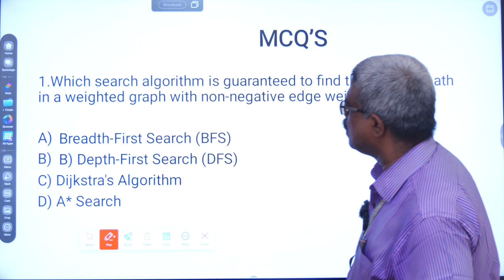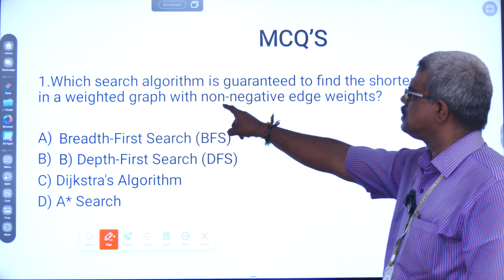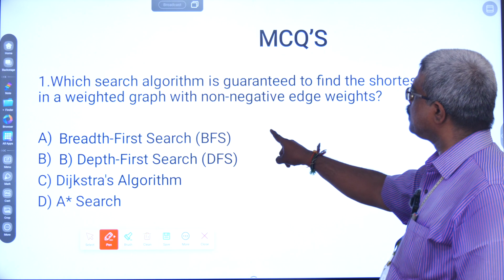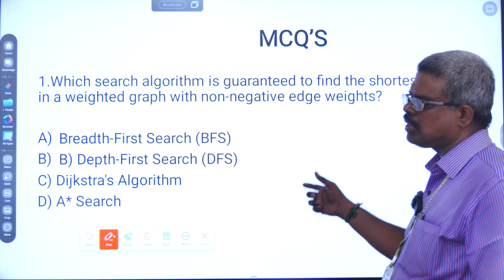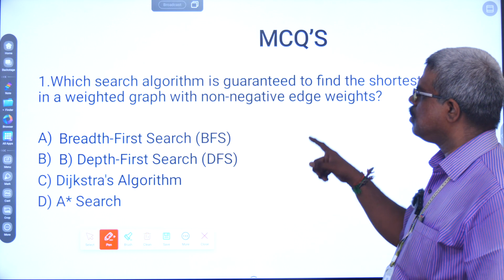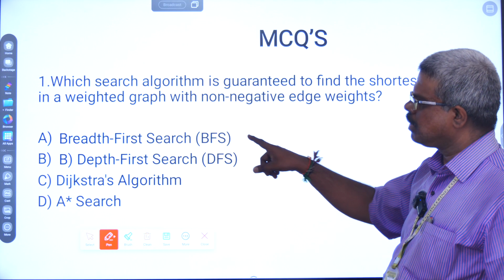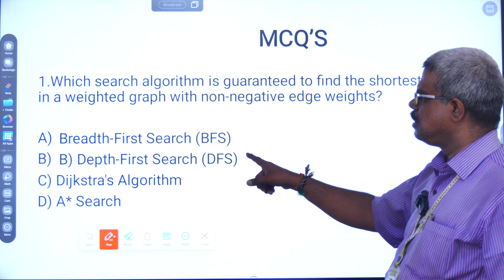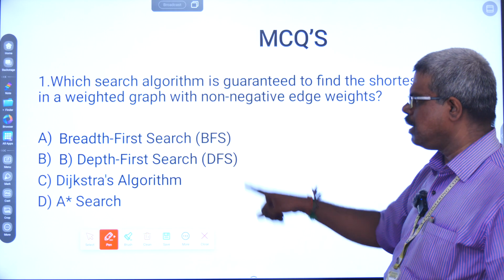First question, listen carefully. Which search algorithm is guaranteed to find the shortest path in a weighted graph with non-negative edge weights? Non-negative edge means it is a positive one. Based upon this query, you are given 4 options: breadth first search, depth first search, Dijkstra's algorithm and A star.